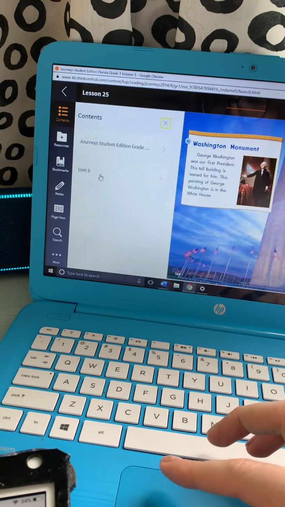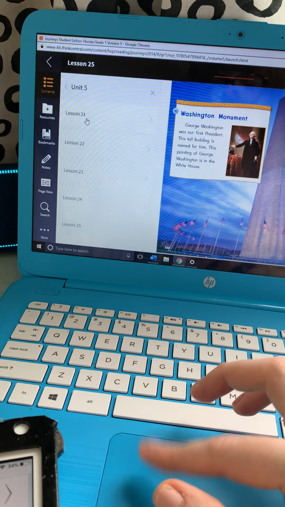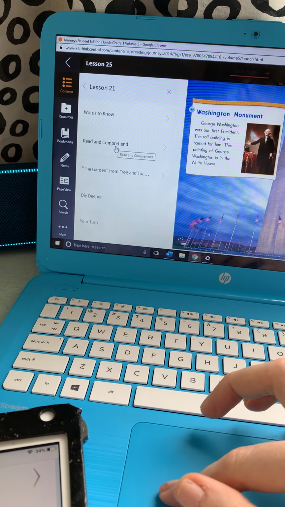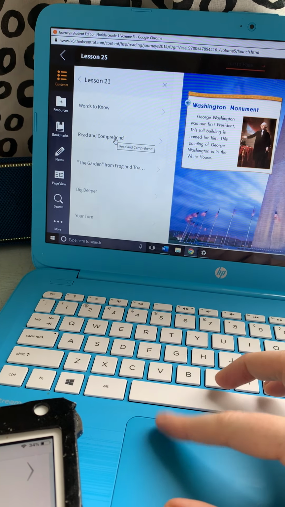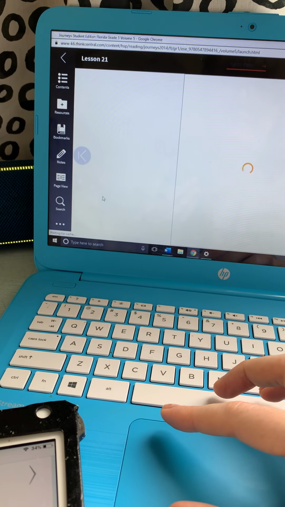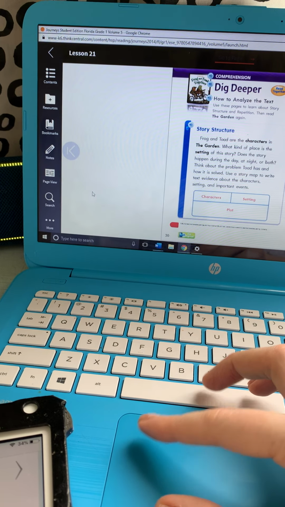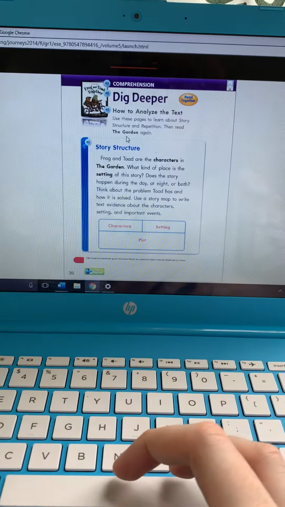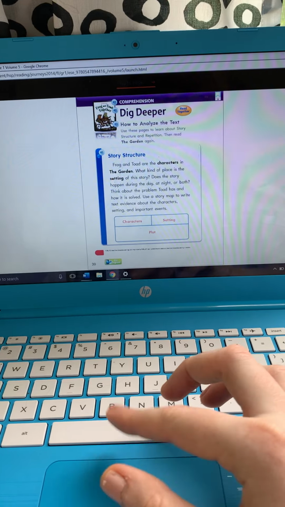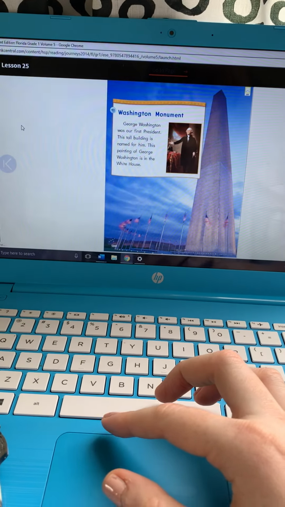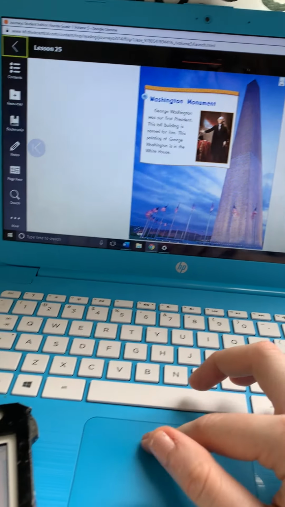I would go through each one and look for, I think it's Dig Deeper. It tells you the skills, so story structure would be important to know, making sure that they're familiar with all the skills.